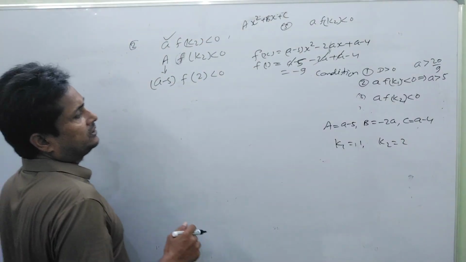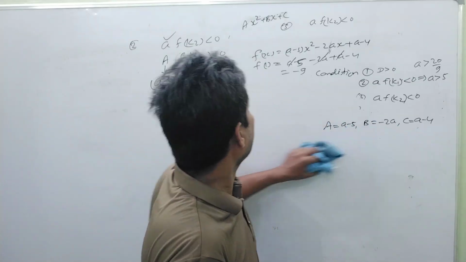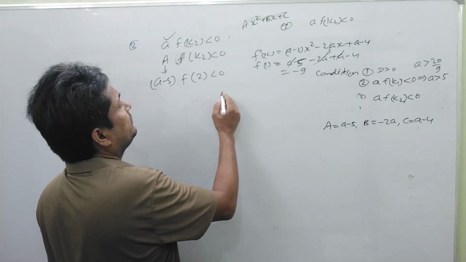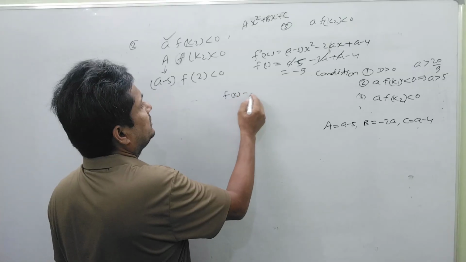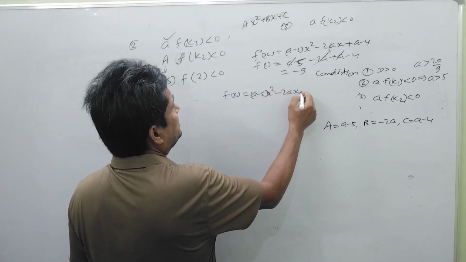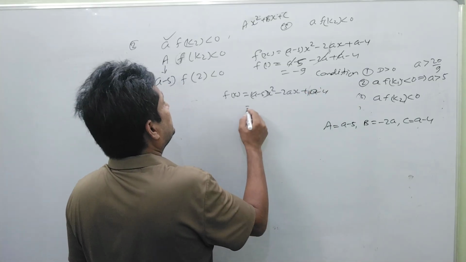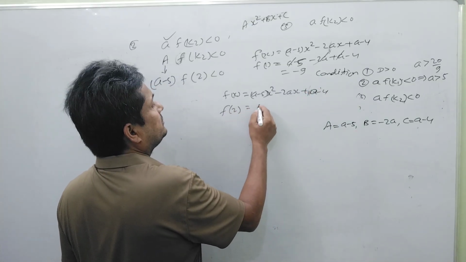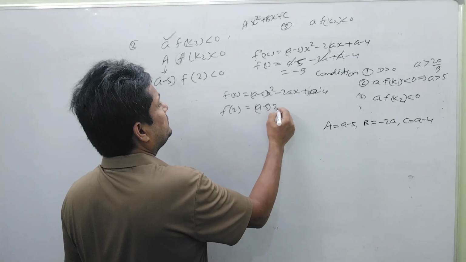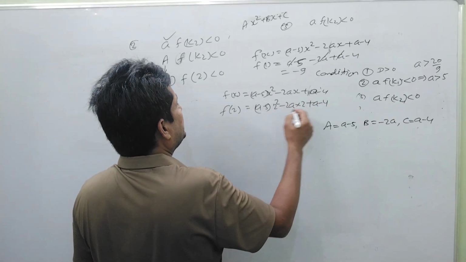Now solve this one. Find out the value of f of 2. f(x) is (a minus 5)x square minus 2ax plus a minus 4. So f of 2 will be (a minus 5) into 2 square minus 2a into 2 plus a minus 4.